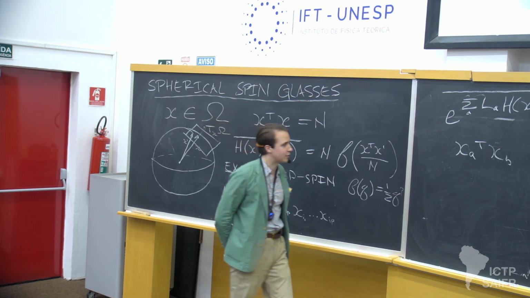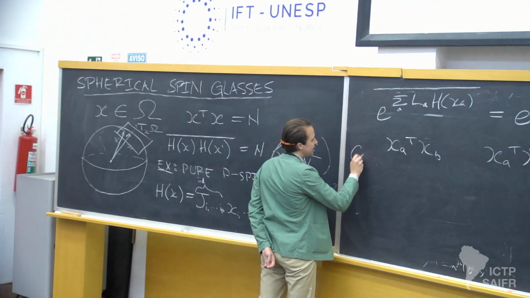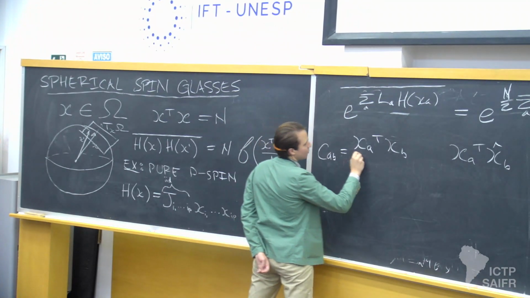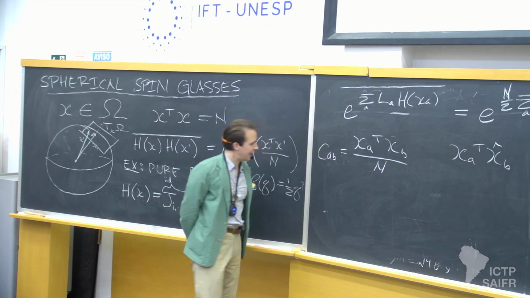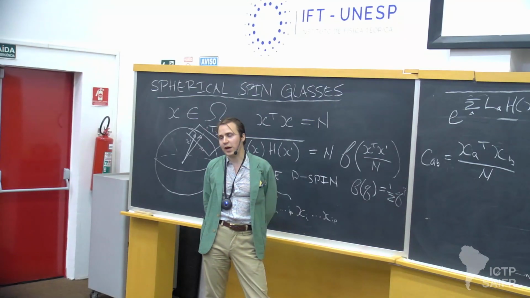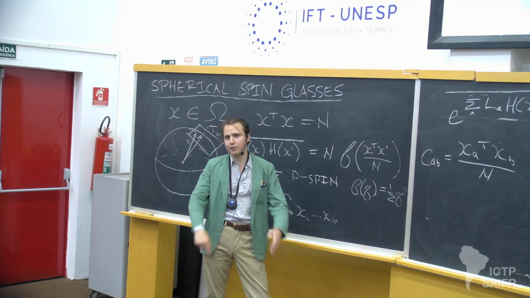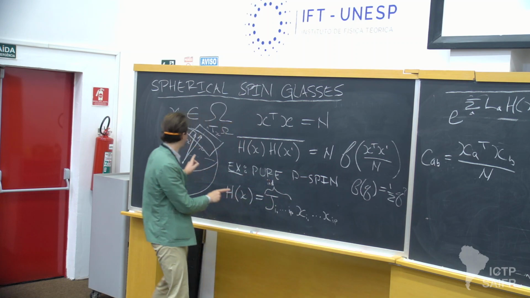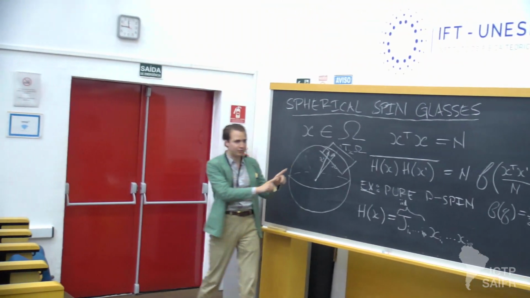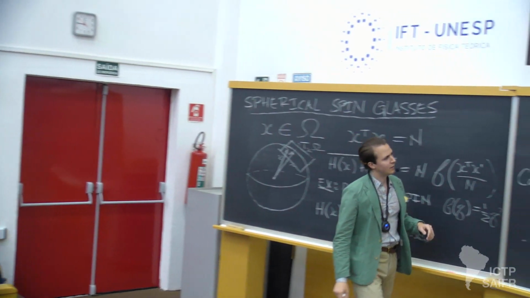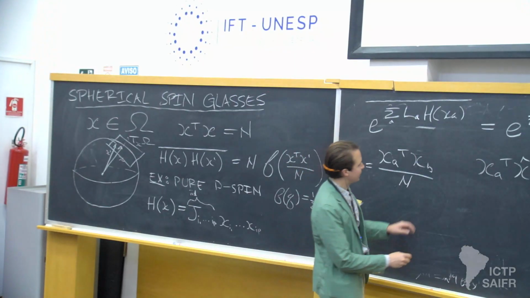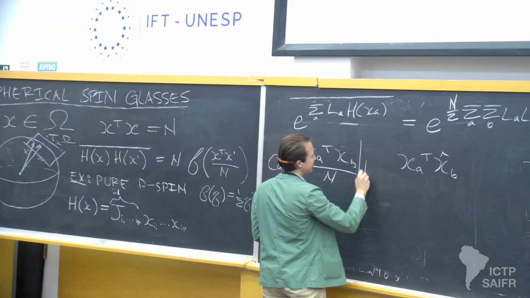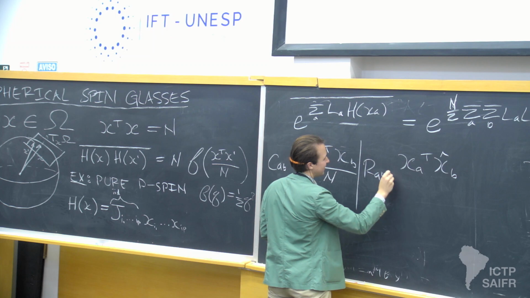So we can define a CAB, which is going to be this normalized by n. This is very much like the QAB in the normal replica theory. This is the overlap, the inner product between 2 vectors, the very physical interpretation. This is going to be RAB.